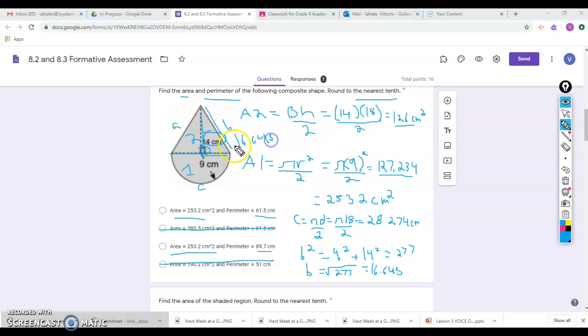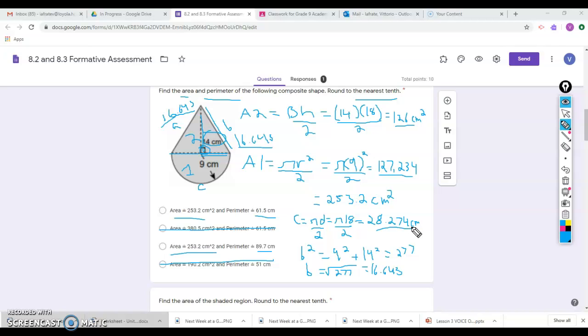By the same process, we would also get the same length here. You know it's an isosceles triangle. Now you can add all these up, the 16.643 to there, and then the semicircle circumference as well.